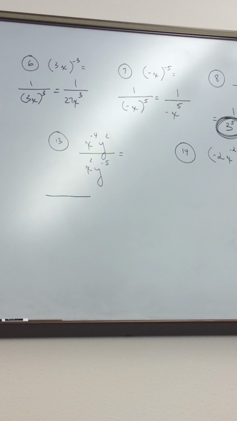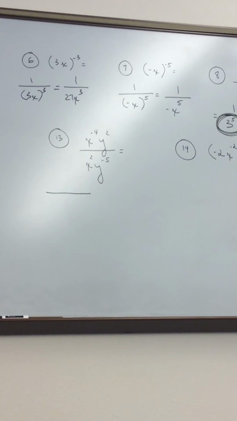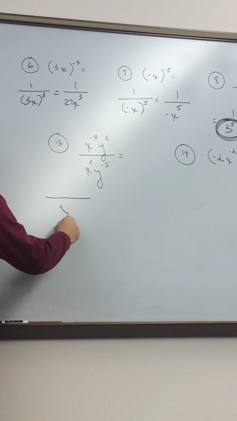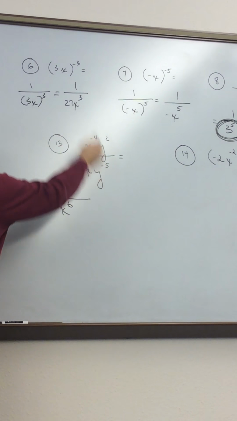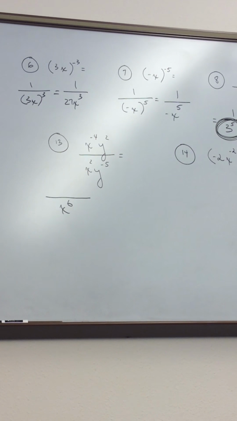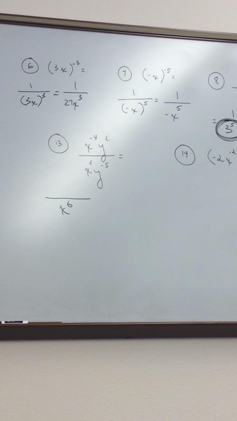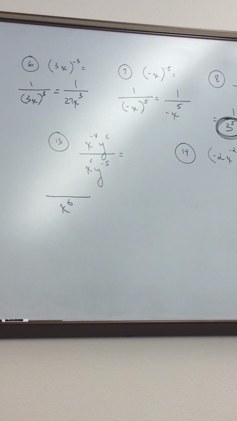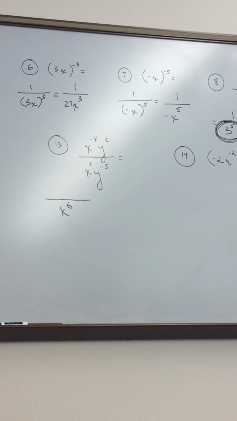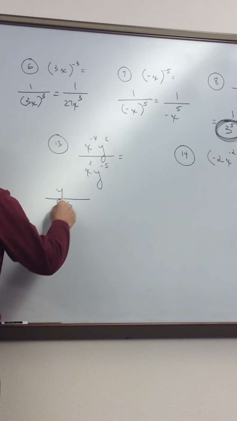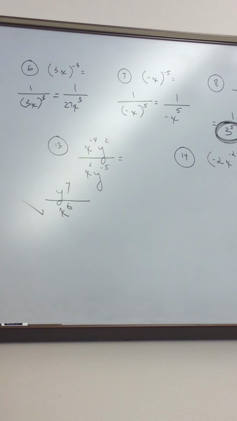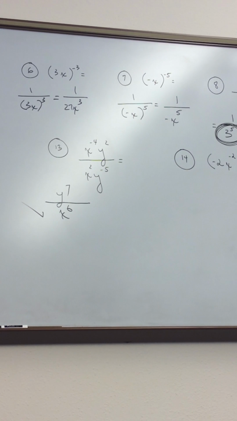Andrew? X to the 6. X to the 6th. Y to the negative 5th is going to go up and become y to the 5th. There's already a y squared up there. What do you got for the y's? Rob? Done? Look at all the answers. There's no negative exponents in them.